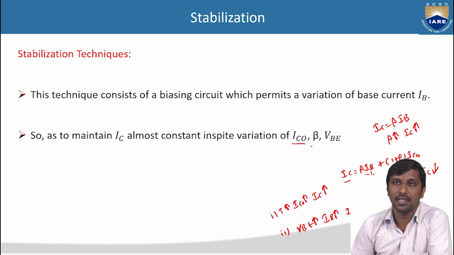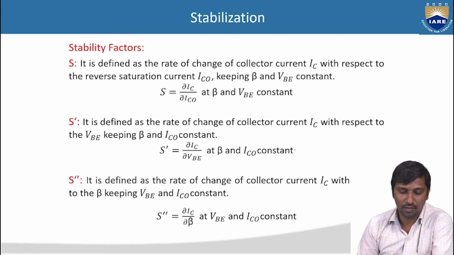If the Q point changes, there is no faithful amplification in a transistor amplifier. That is the reason we need to maintain a proper Q point to produce faithful amplification in a transistor amplifier.